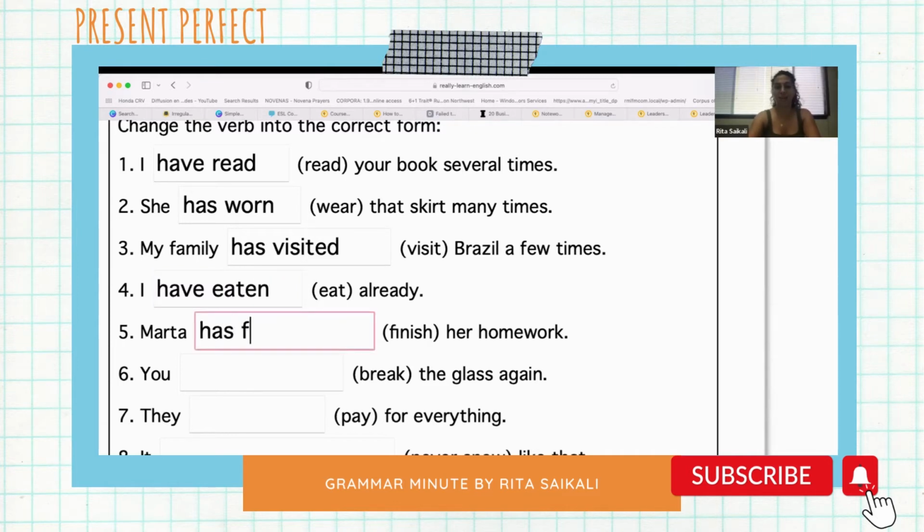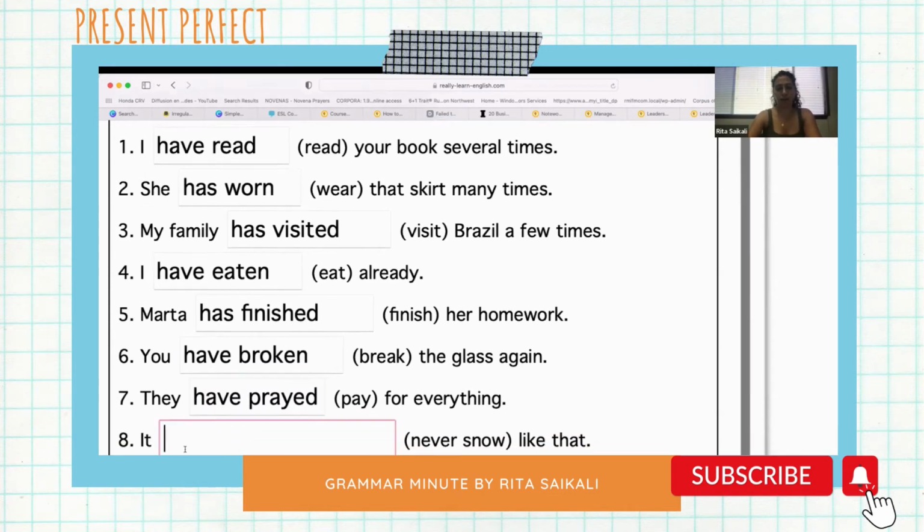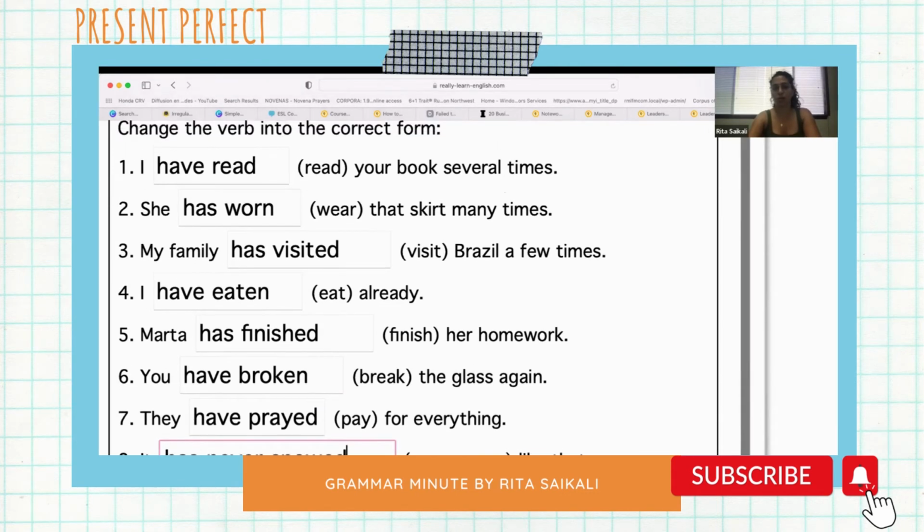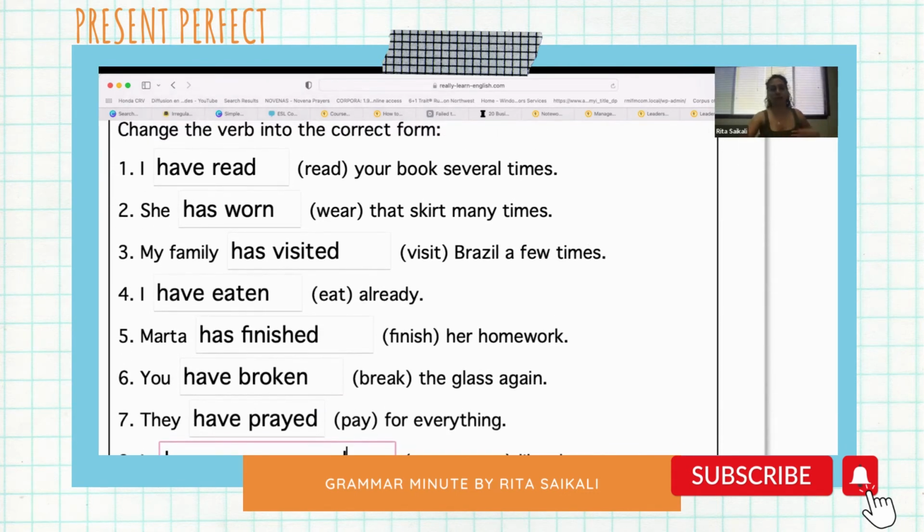Martha has finished her homework. You have broken the glass. They have prayed for everything. It has never snowed like that. Cool? All right.